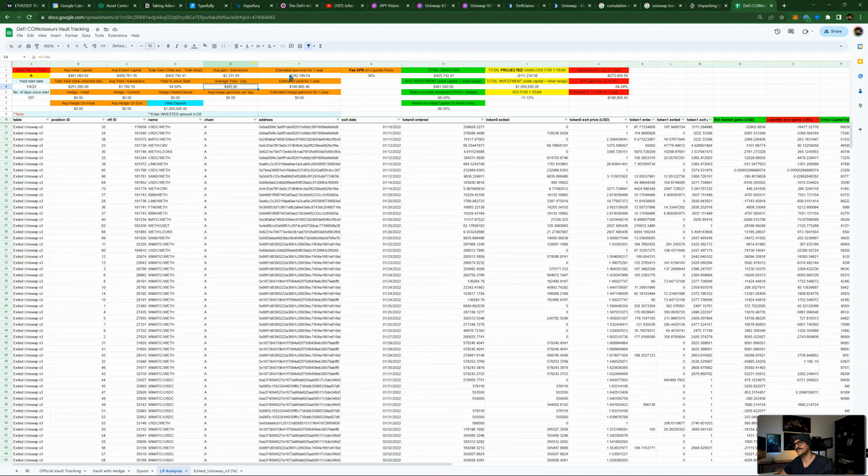So let's break this down here, right? We're looking at the total gain over here, column H. It's showing minus $405,000 in that time frame. This is your liquidity pools when you exited, the amount of yield you had generated in that time.